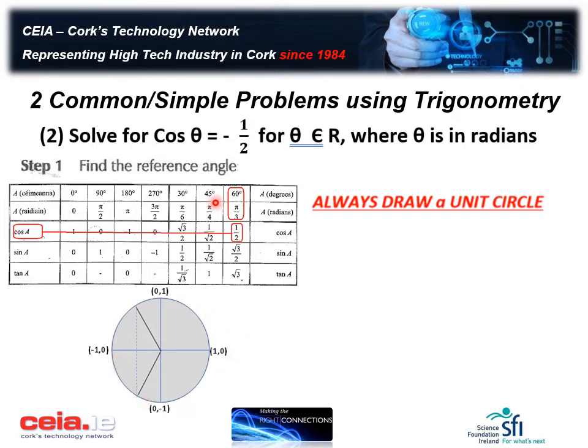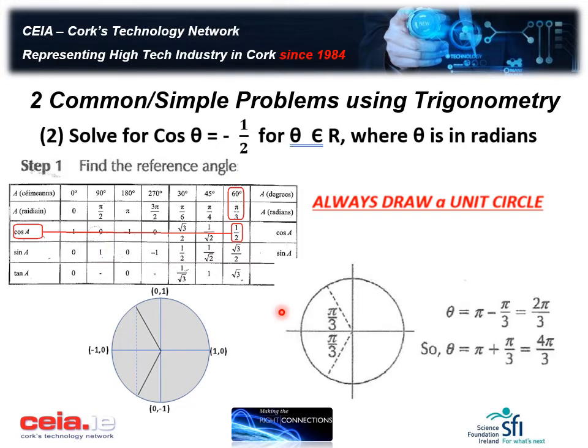I lifted this specific example from a textbook, and the textbook is basically saying the same thing. Use your table here to find the positive angle, which would be pi over 3, but now it's in the negative cosine areas.